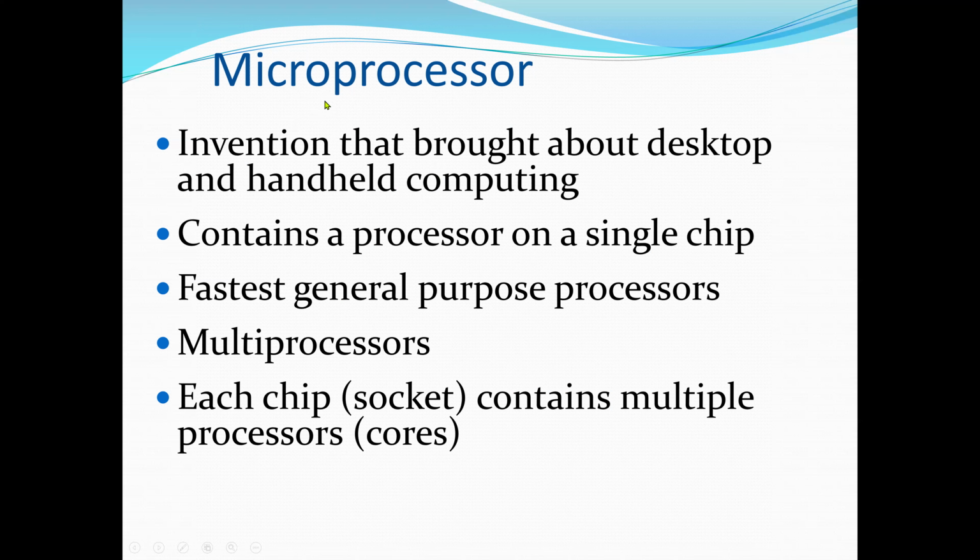But with the invention of microprocessors, the size of a computer was able to be reduced. So the hardware revolution that brought about desktop and also handheld computing was the invention of the microprocessor, which contains a processor on a single chip.